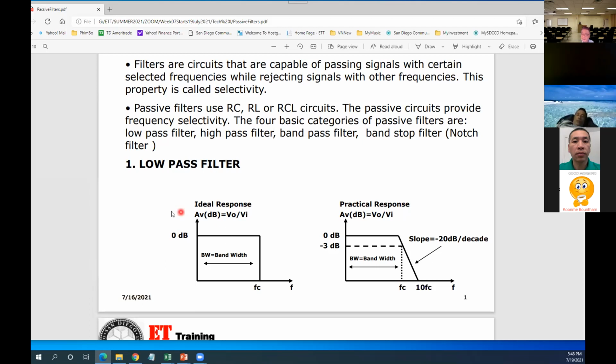You see that the gain equals V out divided by V in. So if 0 dB, what does the gain equal? 1. 1, correct.